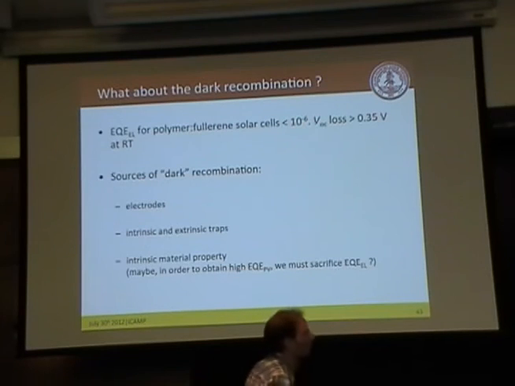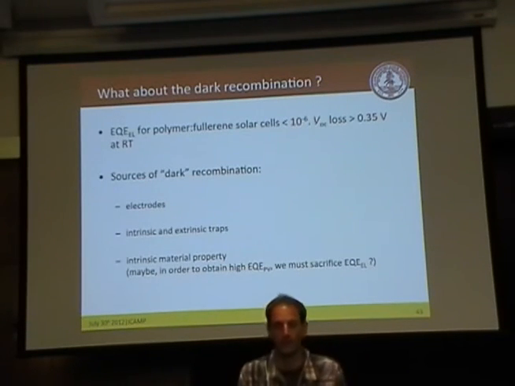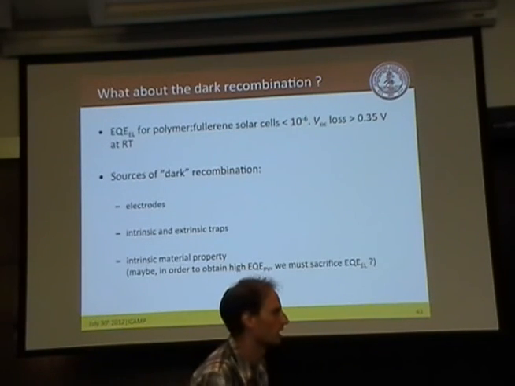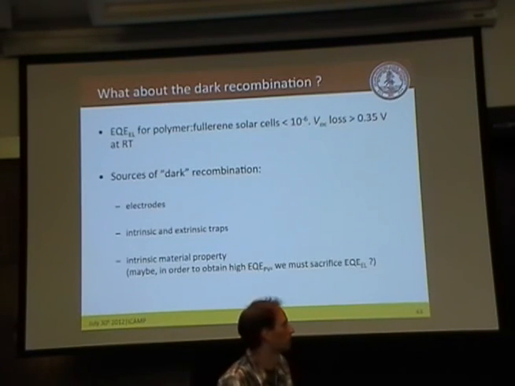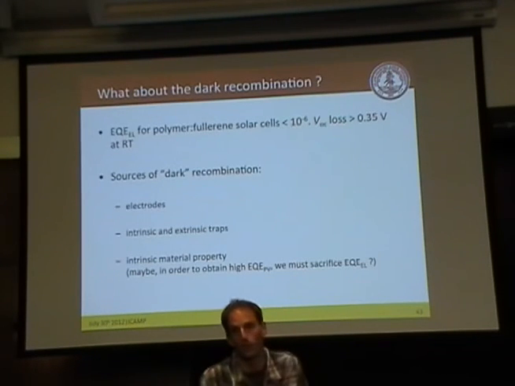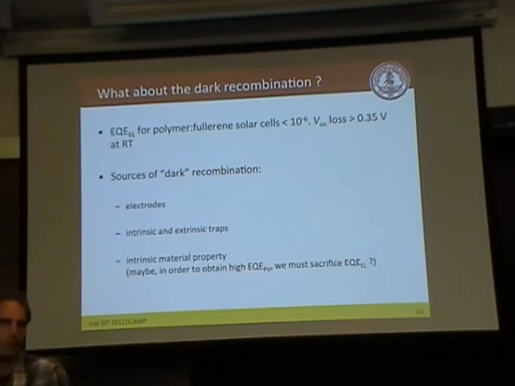Possible sources of dark recombination. Maybe the electrodes. If your electrodes are not the right electrodes, they might induce non-radiative recombination. Sometimes certain voltages depend on the electrodes. Maybe there are traps in the material which we haven't taken into account. They can be intrinsic or extrinsic.